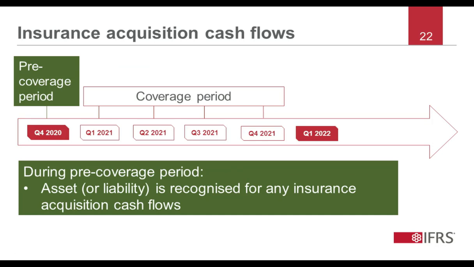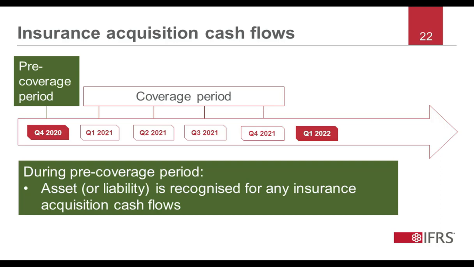Let's discuss how the insurance acquisition cash flows affect the measurement of a group of insurance contracts. Insurance acquisition cash flows are cash flows arising from the cost of selling, underwriting, and starting a group of insurance contracts that are directly attributable to the portfolio of insurance contracts to which the group belongs.